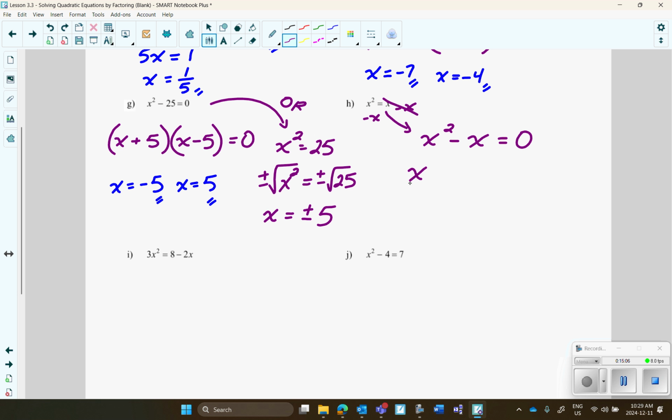GCF. I can take an x out, and the other factor is x minus 1. And now set each factor equal to 0. Well, this factor, x equals 0, is an answer. And this one, x equals 1. So notice the 0 and 1 work, which is why if you did it that other way, you're not going to get all the answers.